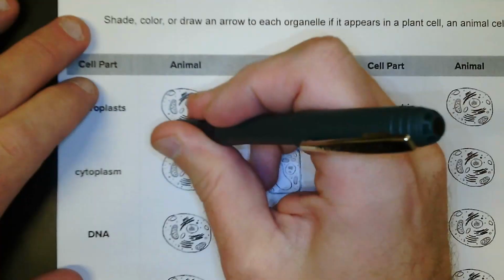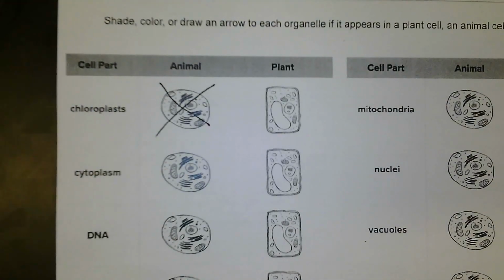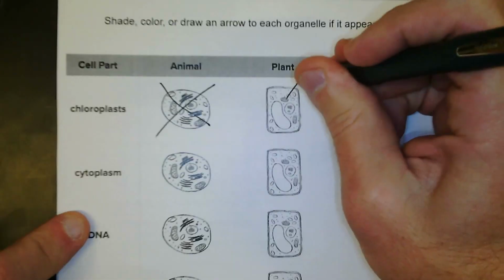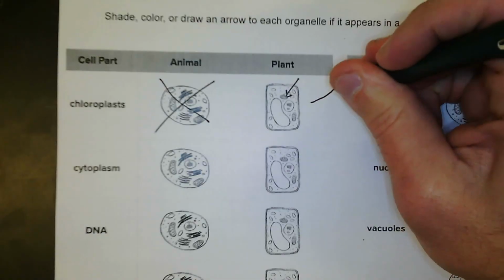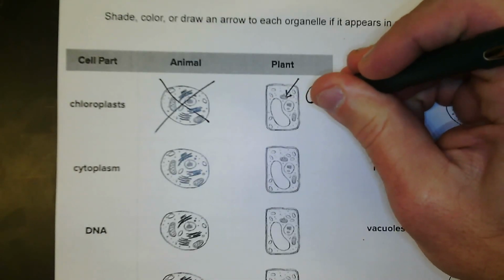So first, we know not an animal. Don't even worry about that. So now we're looking for the shape that is oval and has those little stacked nickels in it. Right there.